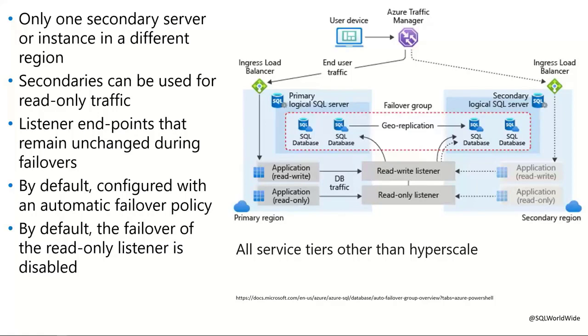You can use the secondary for read-only traffic, and by default, it is set to fail over automatically. If it detects something is wrong, it will fail over automatically. And if it fails over to your secondary, which was your read-only, that read-only is automatically disabled. So that's something you have to keep in mind.